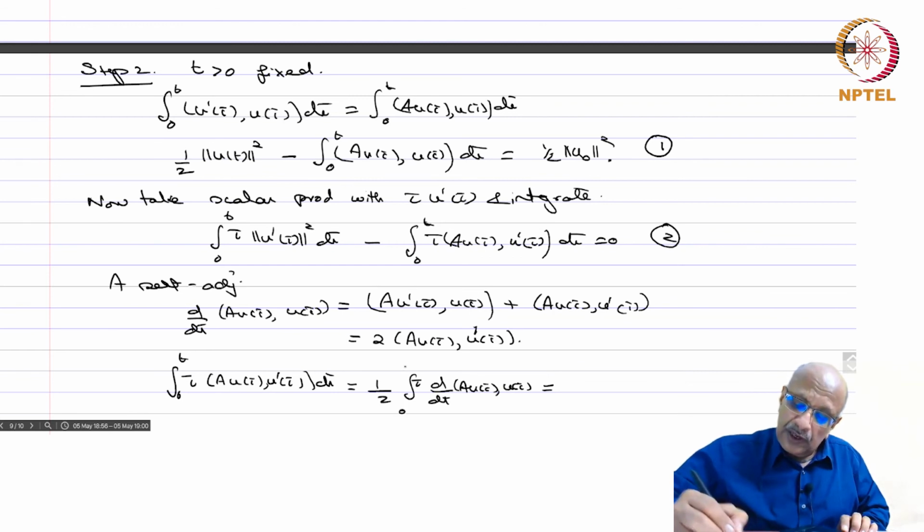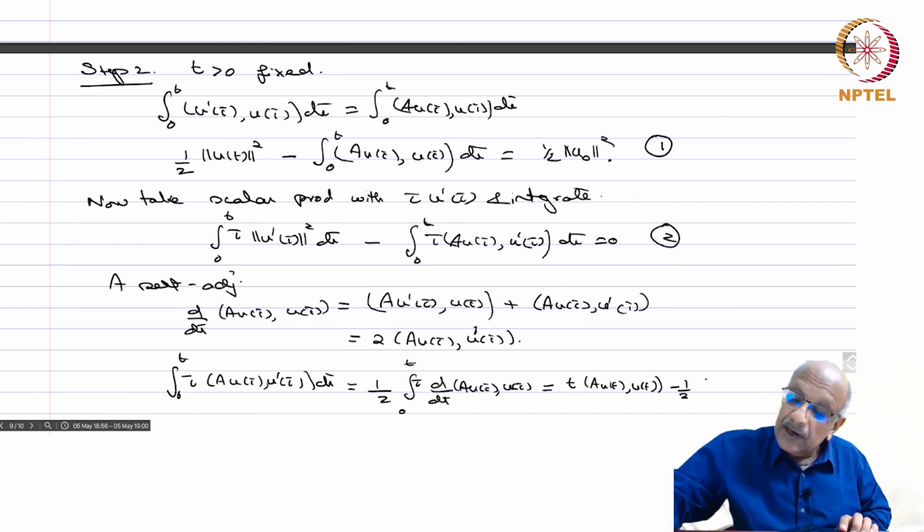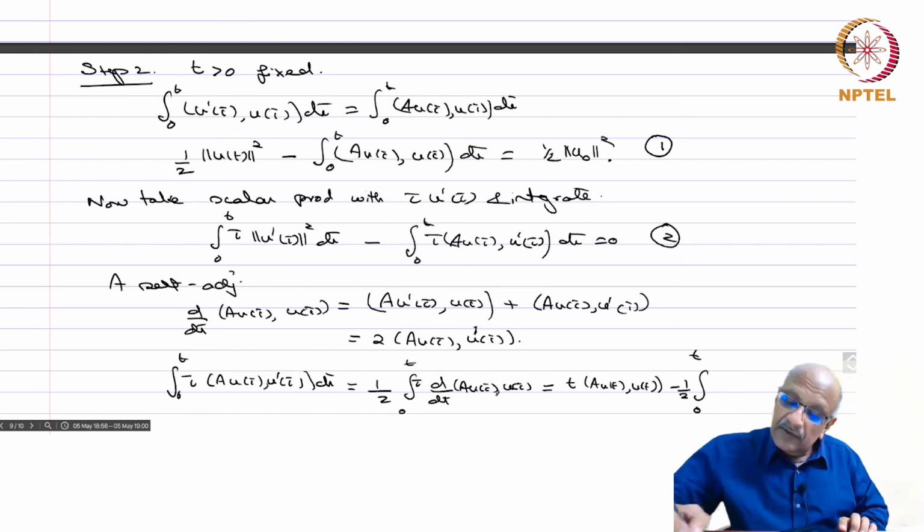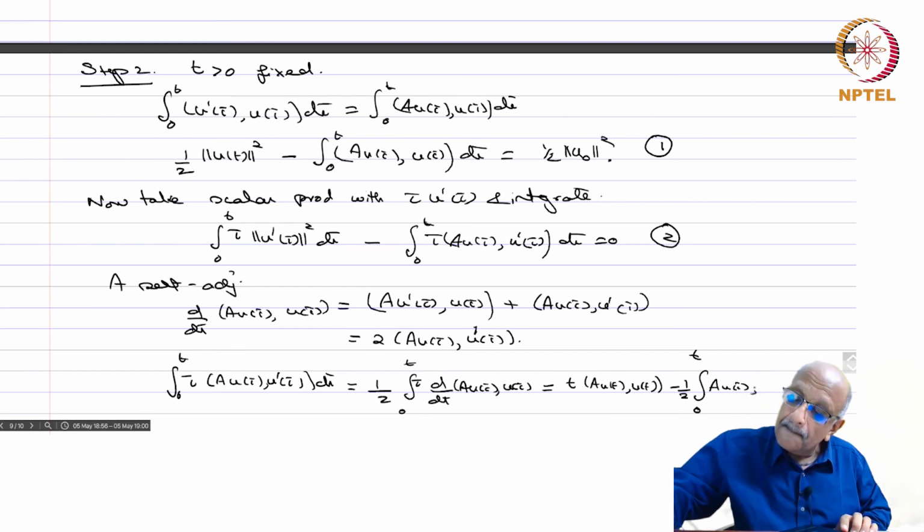So from 0 to t, when I integrate by parts, I have two terms. In the boundary, the lower term with tau equals 0 will vanish, and therefore you have t (A u(t), u(t)) minus 1/2 the integral from 0 to t of, then the derivative with respect to tau is just 1, (A u(tau), u(tau)) d tau. Call this 3.